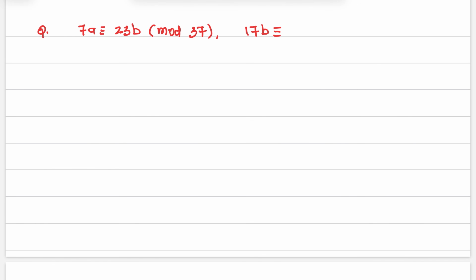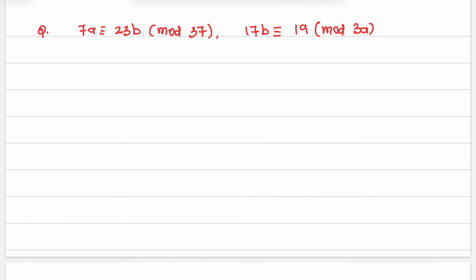What is the question given here? The question is, two congruence equations are given to us. 7a congruent to 23b mod 37 and 17b congruent to 19 mod 3a.